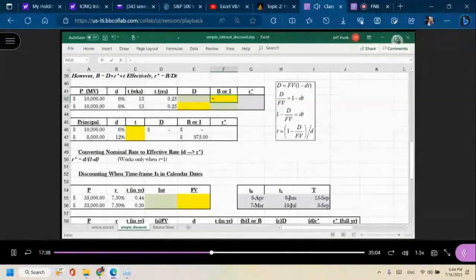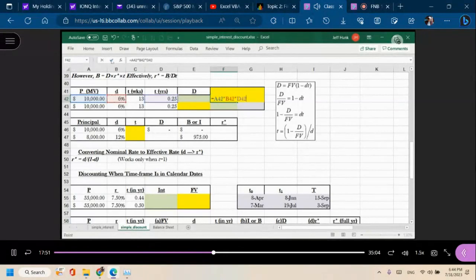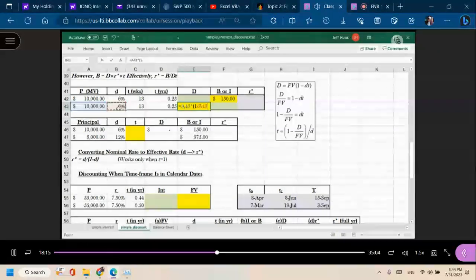Now, the bank discount is the maturity value P times D times T. In this case it's the same problem, but this time the proceeds are P times 1 minus the discount rate times T. So what is the question?